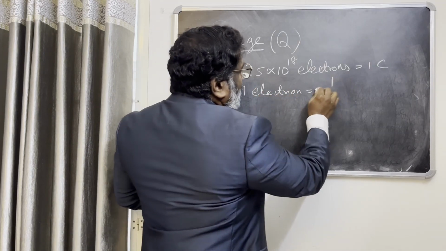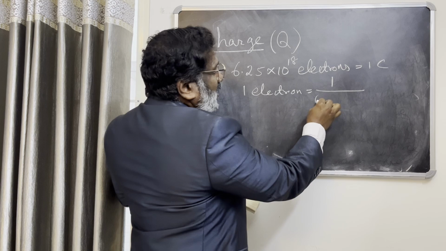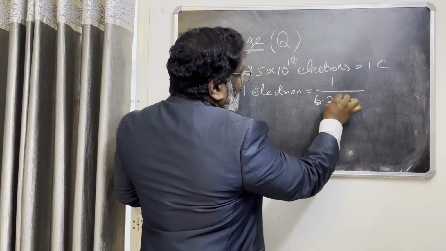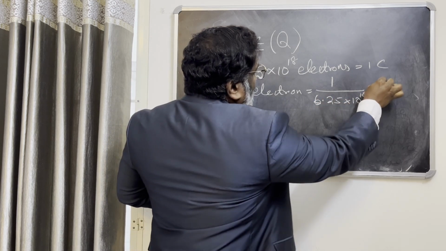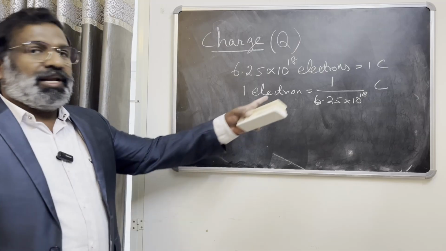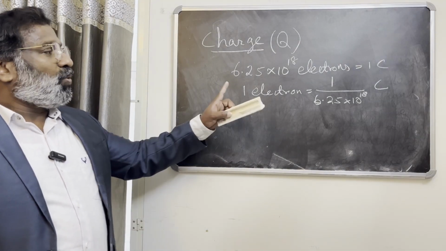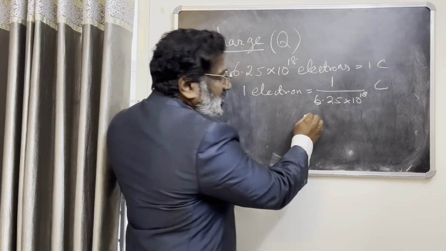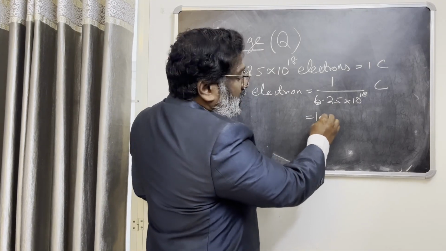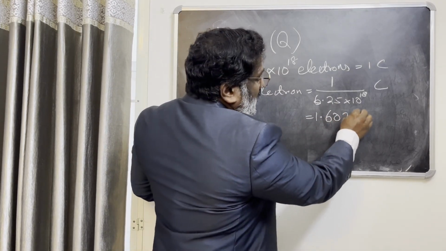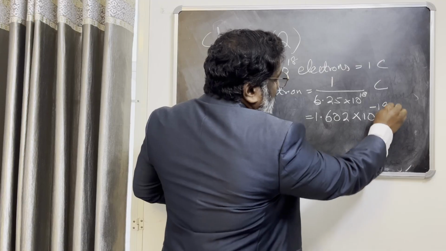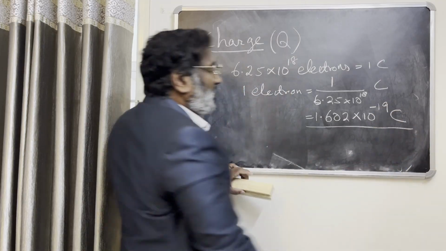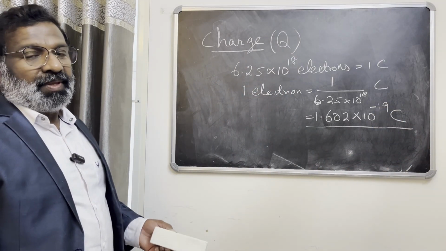It means 1 divided by 6.25 into 10 power 18. Can you calculate it and tell me? 1 divided by 6.25 into 10 power 18 is 1.602 into 10 power minus 19 Coulomb, the charge of 1 electron.